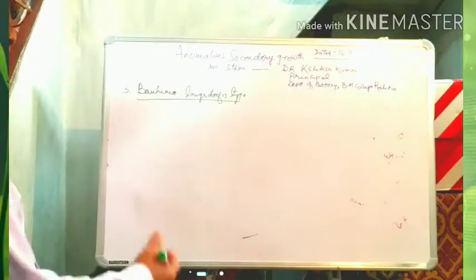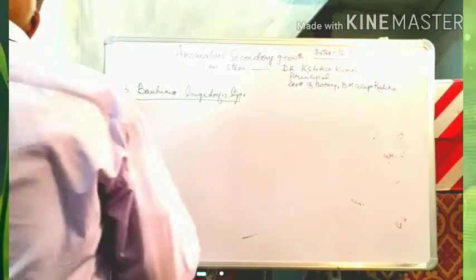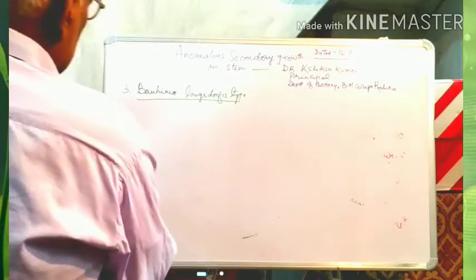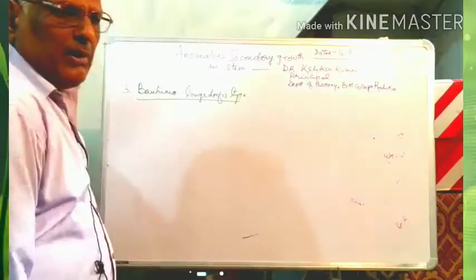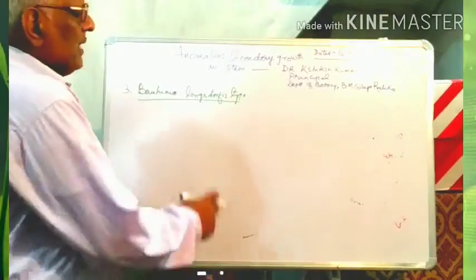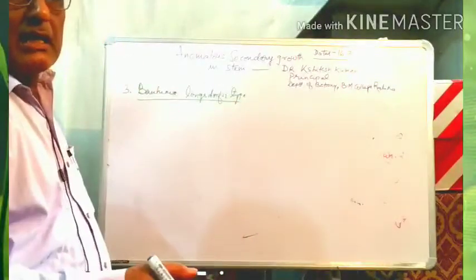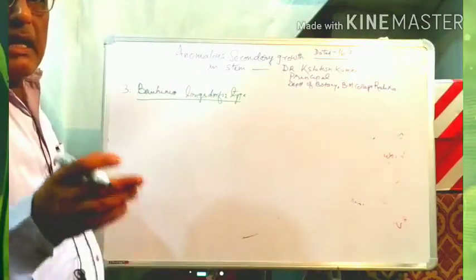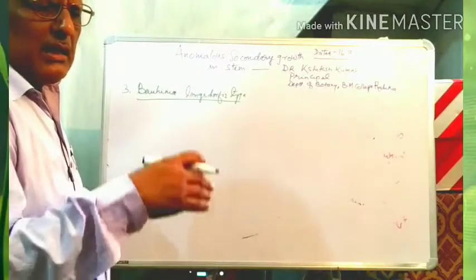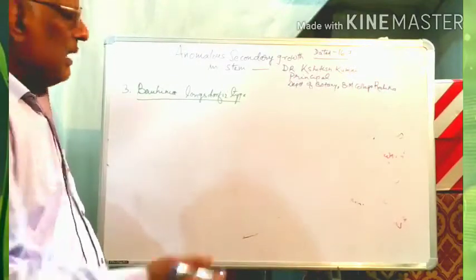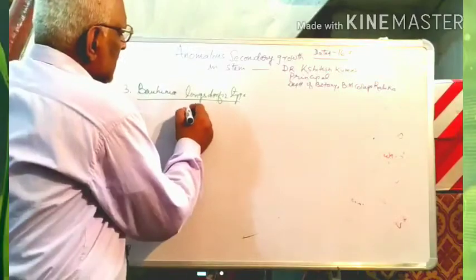It is just like Sergenia, but here the difference is that after the formation of secondary growth, the circular cambium strip is broken at different points.